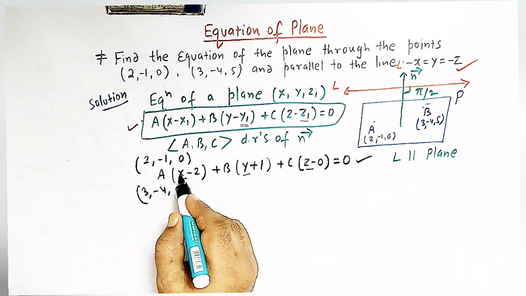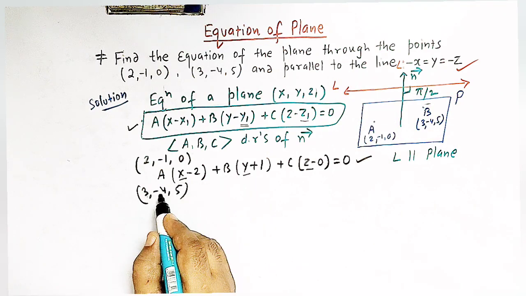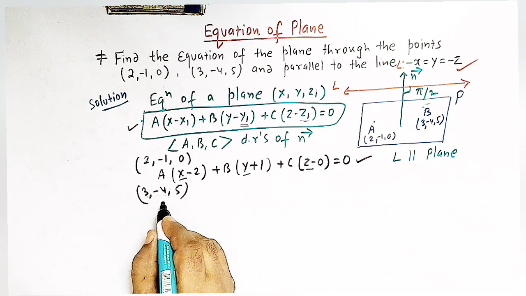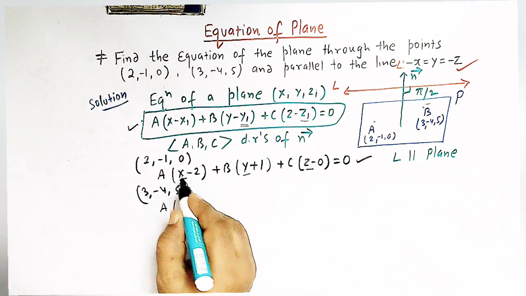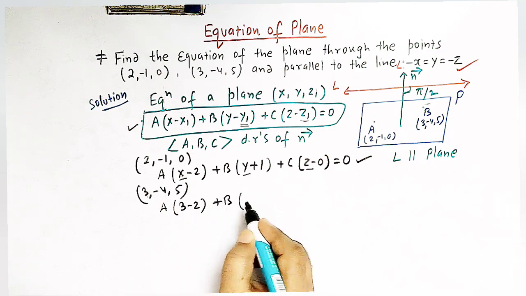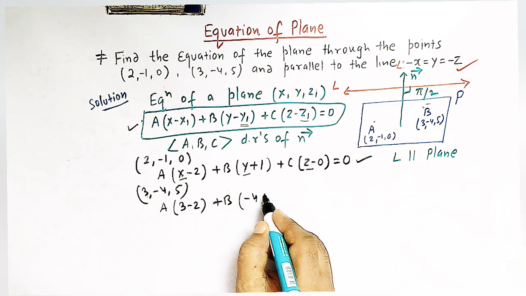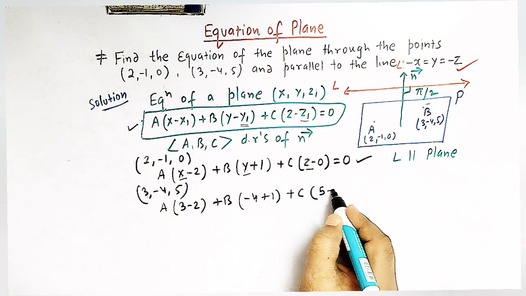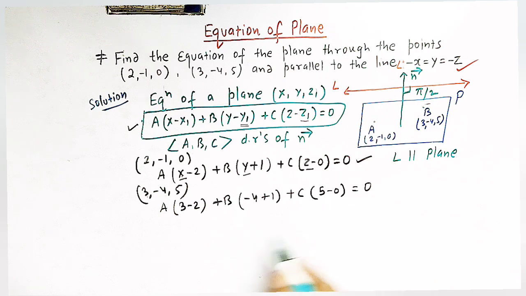So replacing x by 3, y by minus 4 and z by 5, this equation now takes the form a, and here we have 3 minus 2, then we have b, and here we have minus 4 plus 1, and here we have 5 minus 0, that is equal to 0.